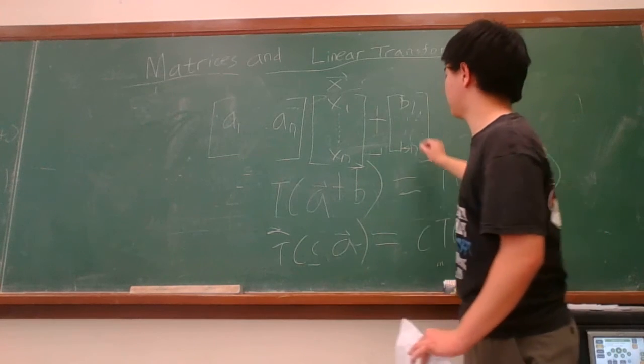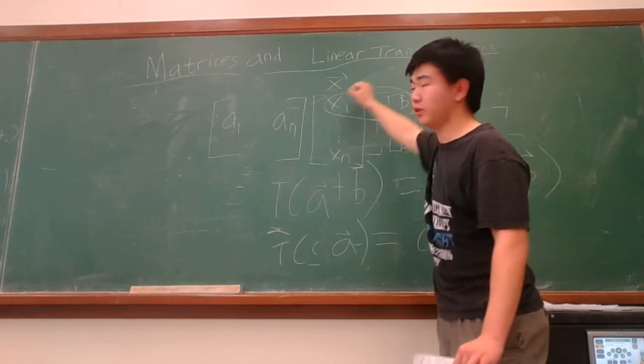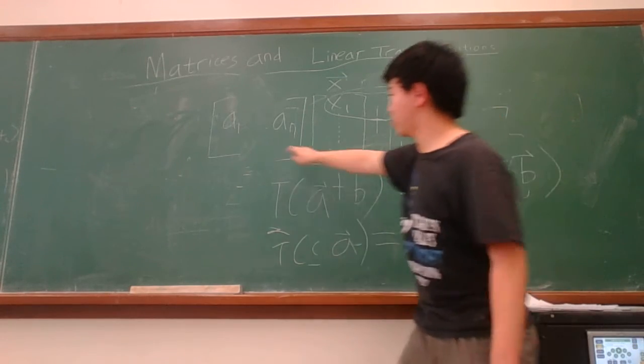That's a property of vectors, because you can also think of vectors as matrices. Well, these add up, and you're still multiplying that.